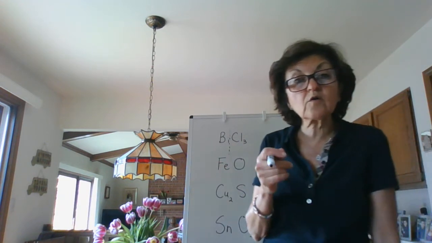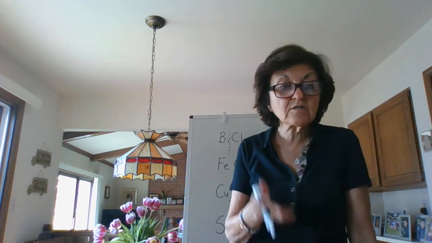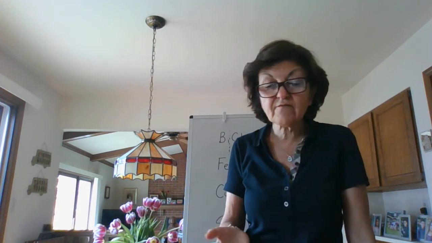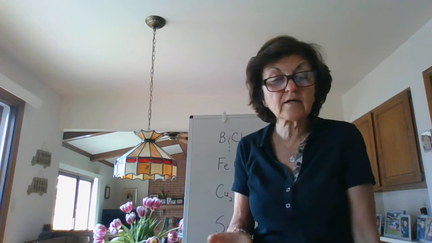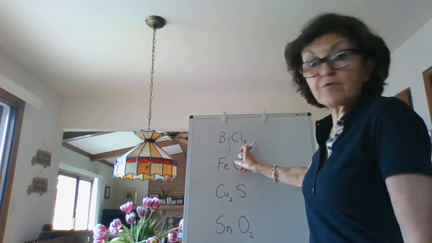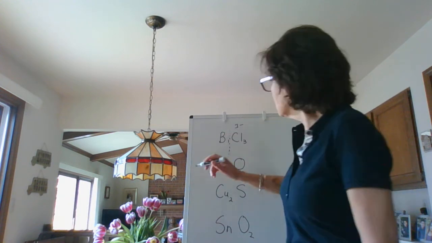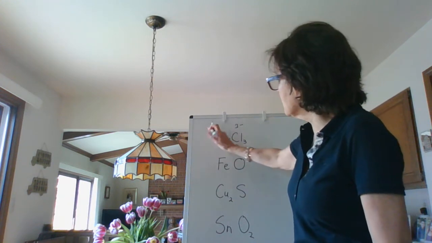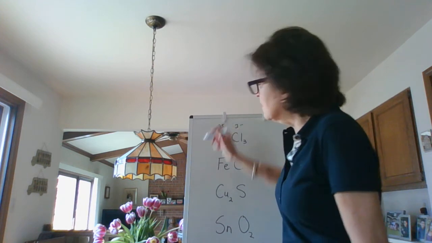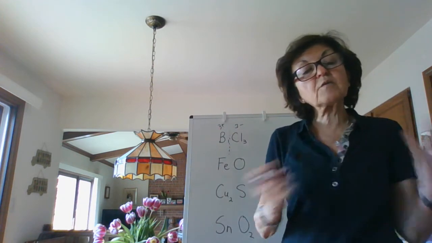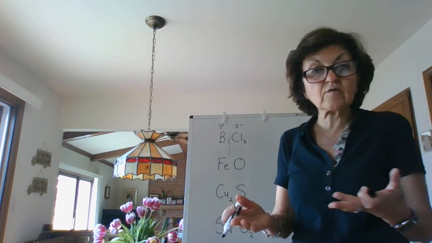You already know that chlorides are halogens. They're in group 7A. They have a -1 charge. You know that. So you have 3 of them. -1 times 3 is 3 minus. So if this side is 3 minus, this side has to be 3 plus. Why? Because remember how we said they balance each other out.